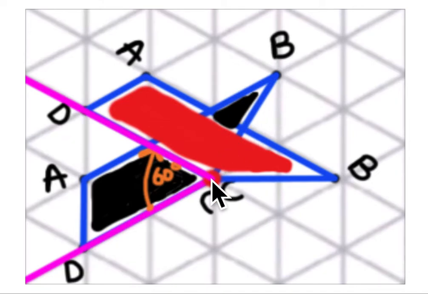I'm going to count 1 unit up along this edge and then 3 units over in the direction of rotation. I could count this way, 1 unit and 1 unit, or I'm going to count this way: 1 unit up and 2 units in the direction of rotation. I'm going to rotate 60 degrees to here this time. I'm going to count out 1 unit and then 2 units in the direction of rotation.